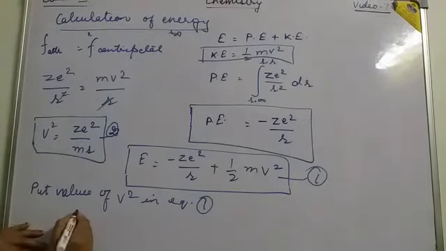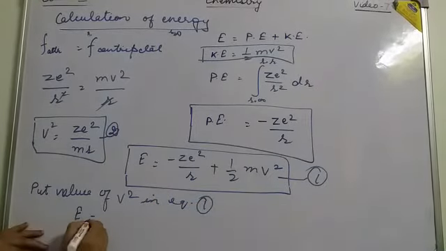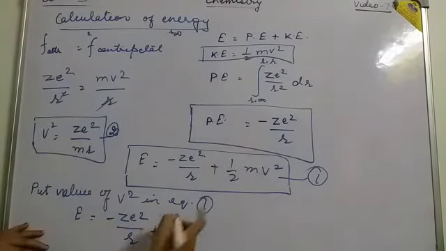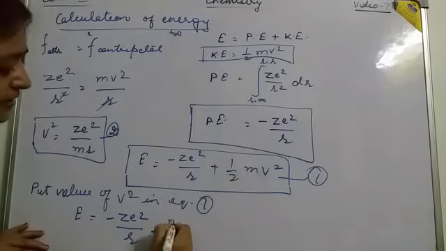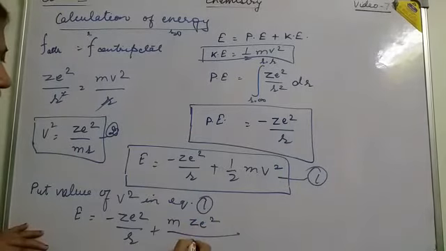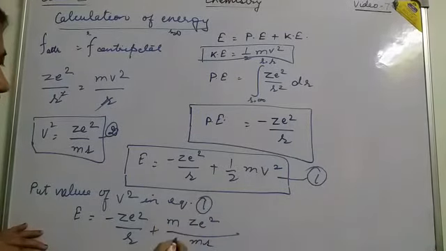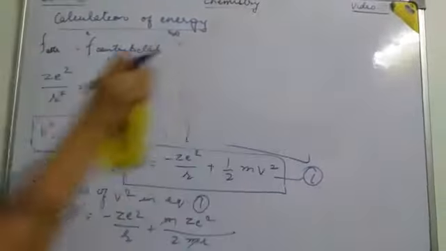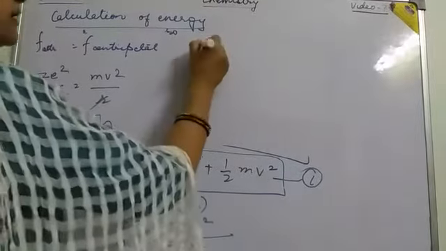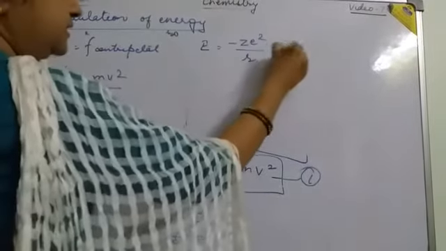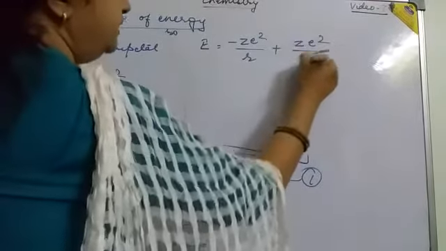We get E equal to minus Ze square by R plus half mv square, so it is half m times Ze square by mR. Cancelling m, we get E equal to minus Ze square by R plus Ze square by 2R.